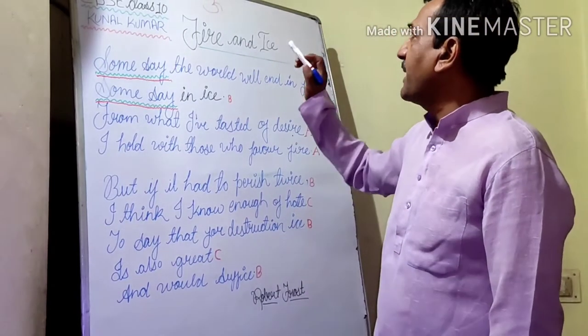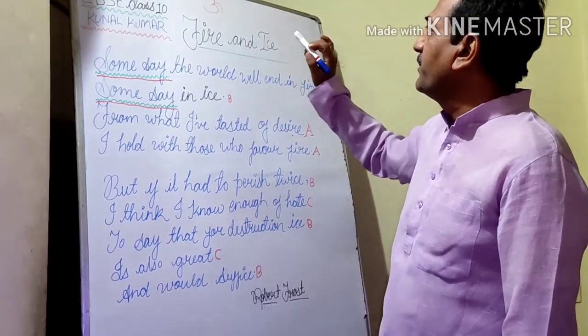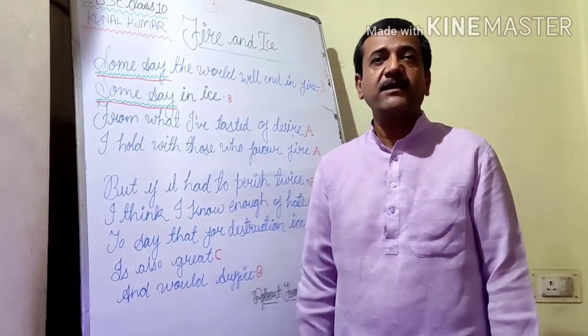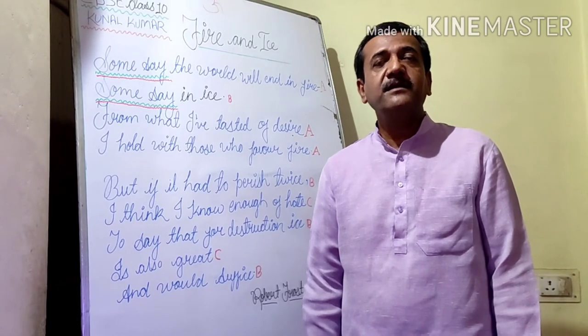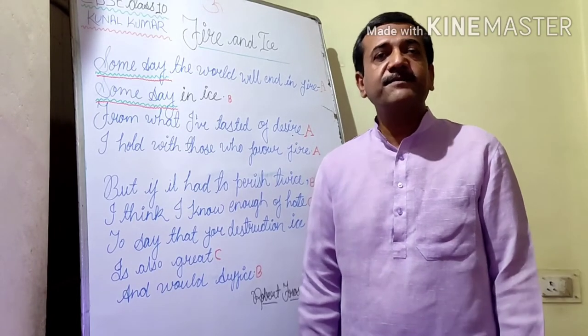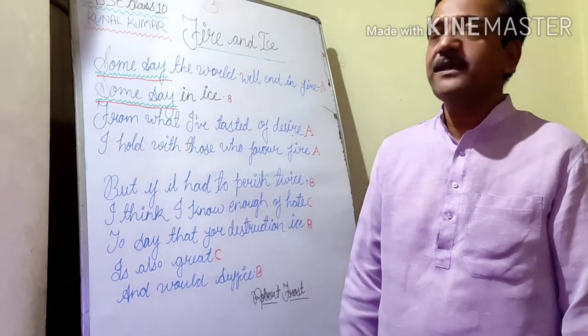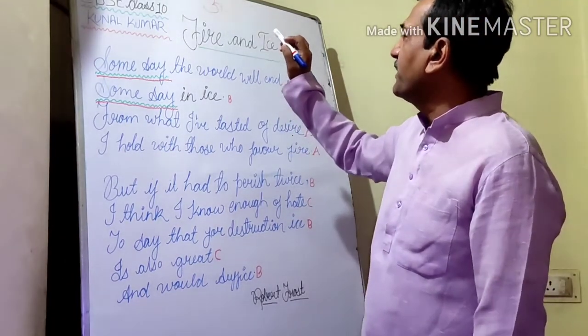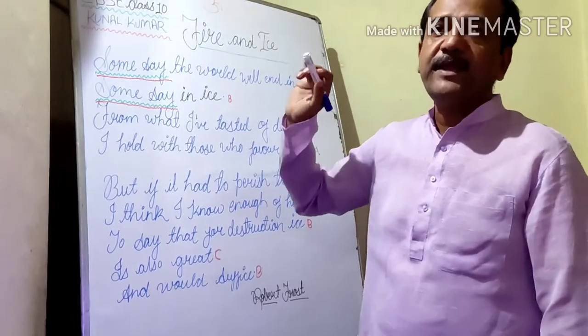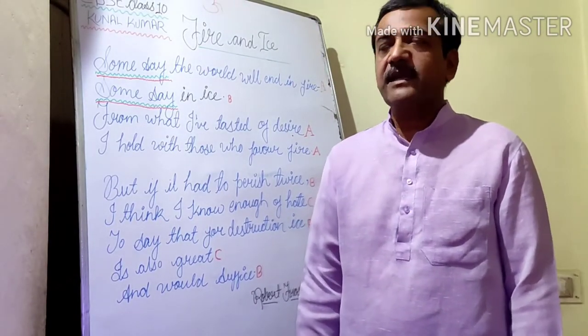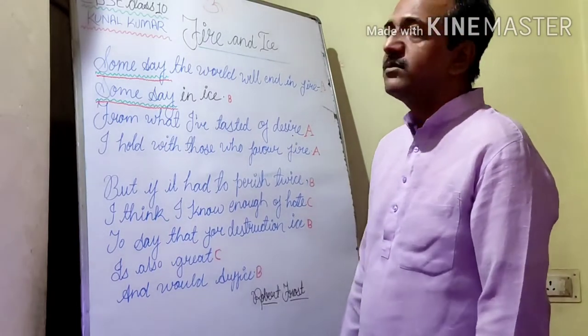So he has this apprehension that the world may end in fire. Here fire means desire. The world will end due to the excessive possessive ideas and nature of human beings. But there are some people who think that it may end in ice, that it can end due to hatred and hate.